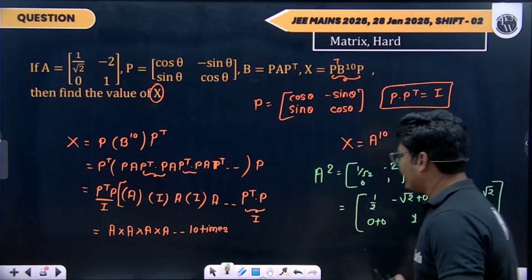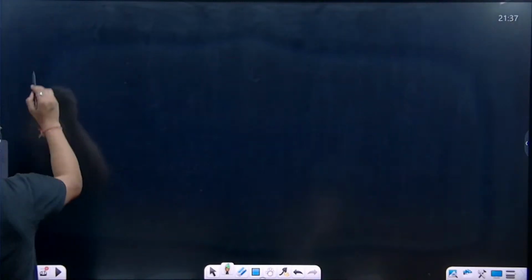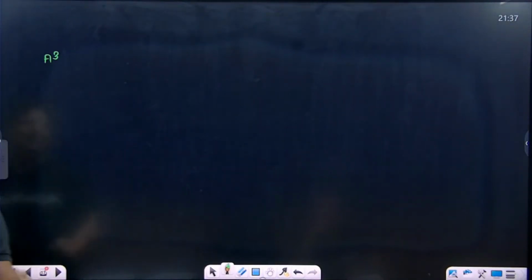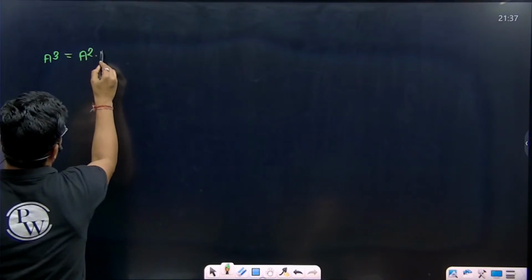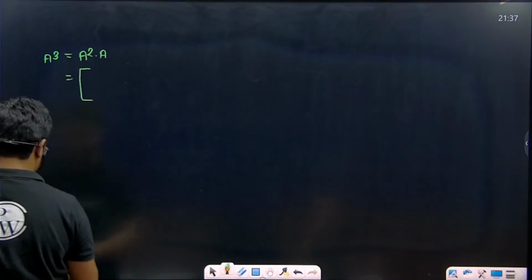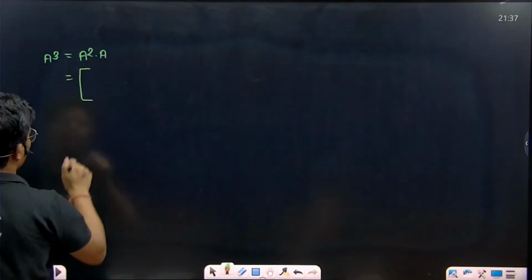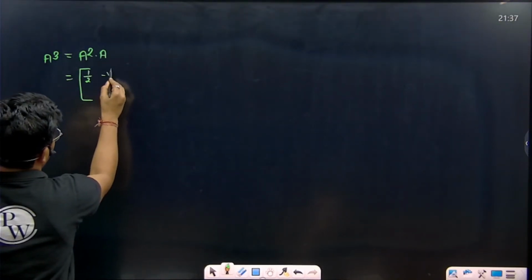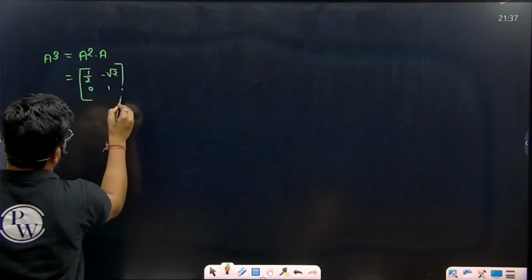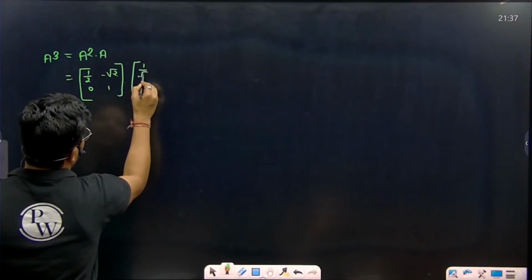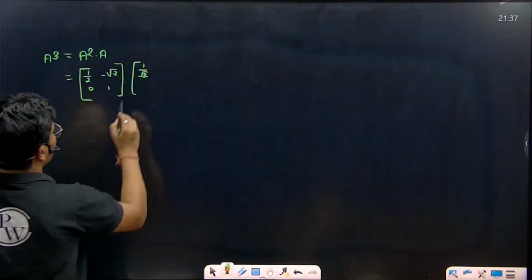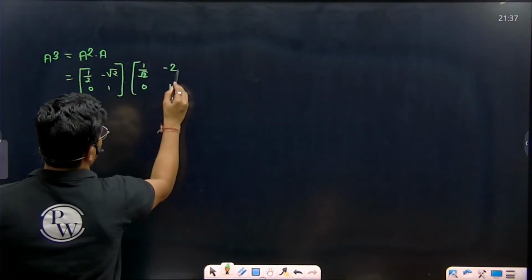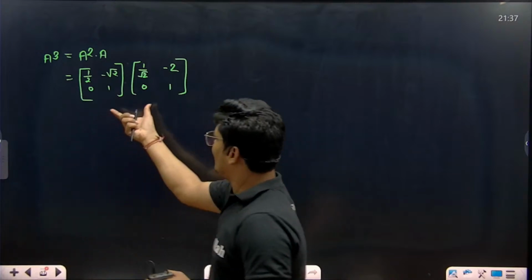Okay, now if we move to A cube, this will be A square into A. The value of A square is 1 by 2 times minus root 2, 0, 1, and this is 1 by root 2 times minus 2, 0 and 1. Now we will multiply both matrices.